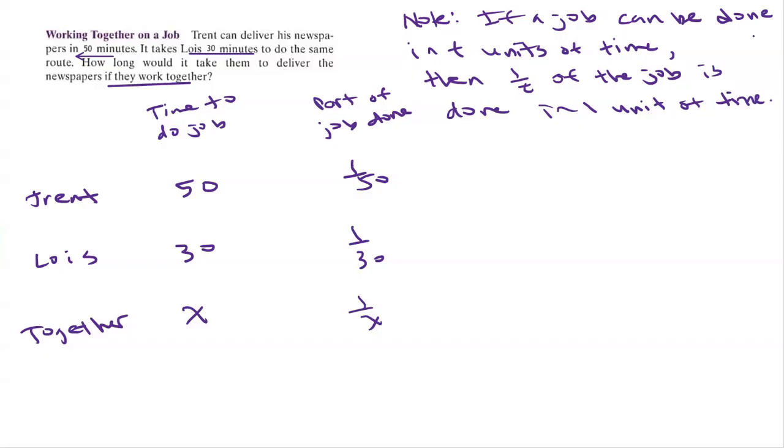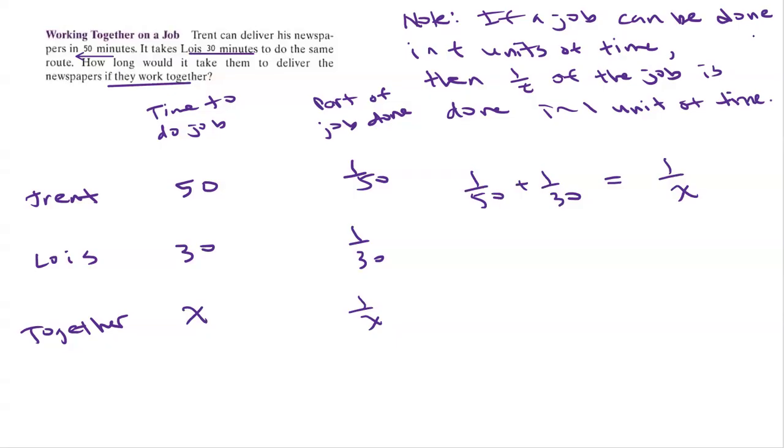Okay. So once we set this up, now let's put this together. This is going to be 1 over 50 plus 1 over 30. So it's Trent's work and then Lois's work together, and it's going to equal 1 over x.